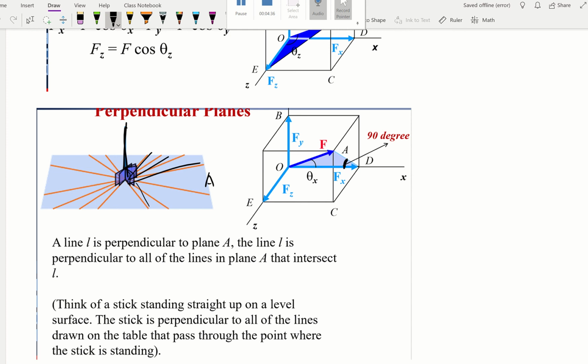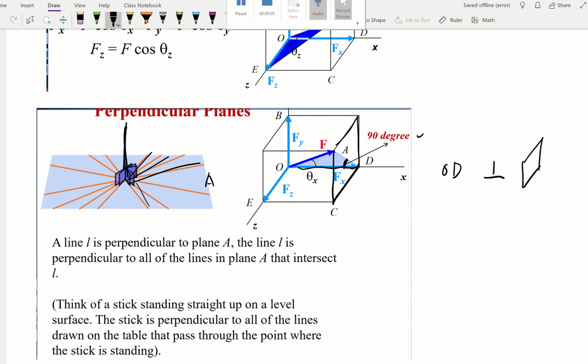We're going to see this angle A is 90 degrees. How do we believe that? Now let's think about this OD. Is this OD, this line, perpendicular to the side plane, the right plane?